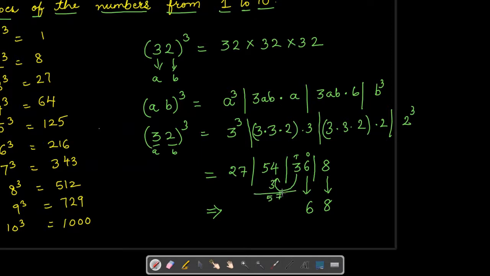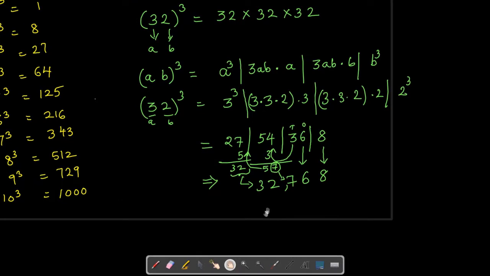From this, again, I take only the ones place number, which is 7, and this 5 I will again add to the next number. So 5 plus 27 gives me 32, and I'll take this entire 32 below. So it becomes 32,768.